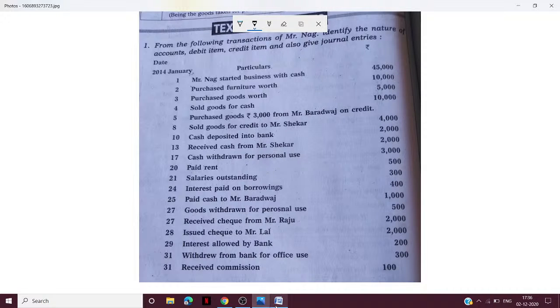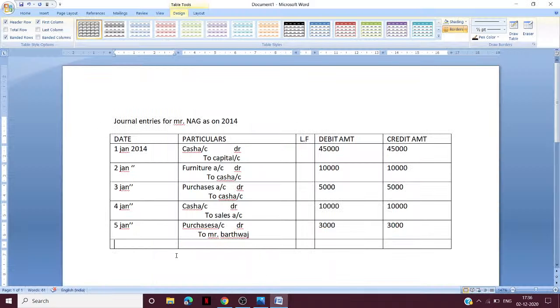So same, we should write 8th Jan. What is the entry for sales? Cash to sales. Always sales comes under credit side.